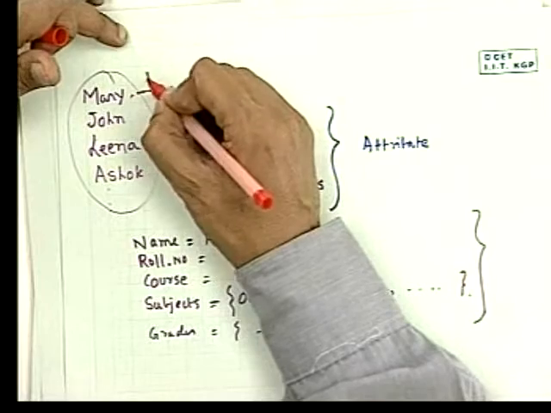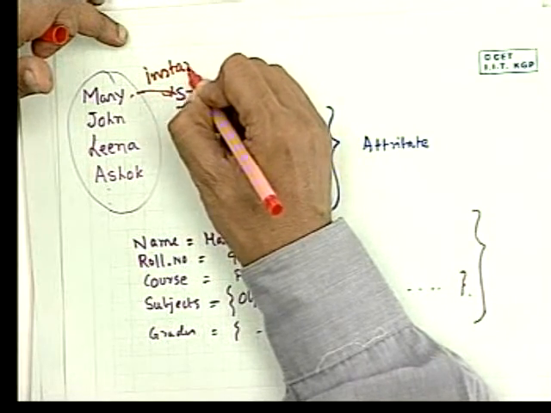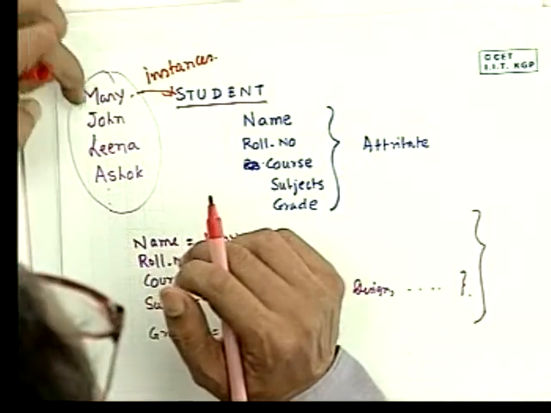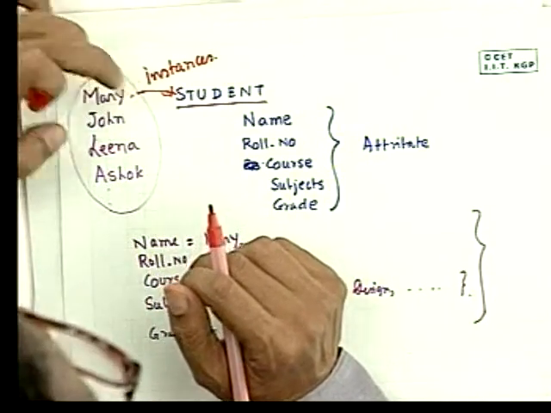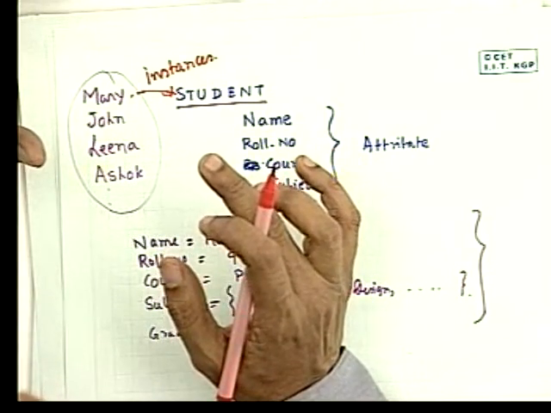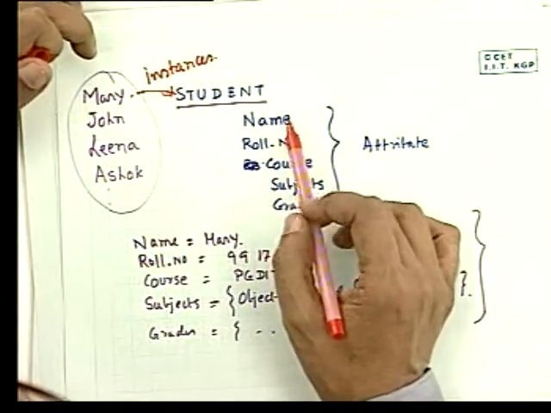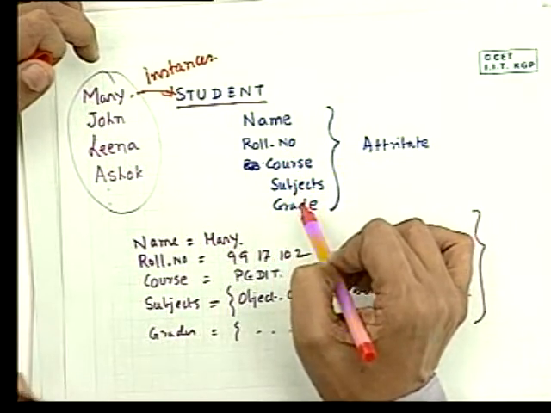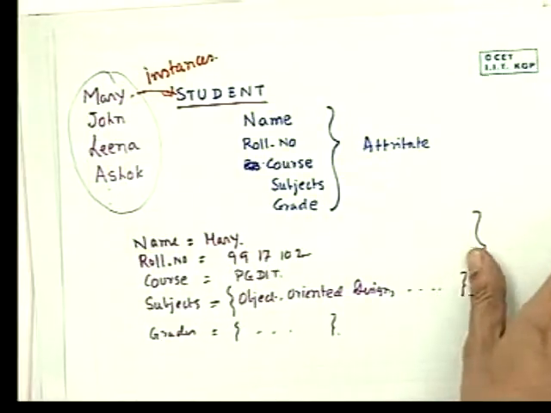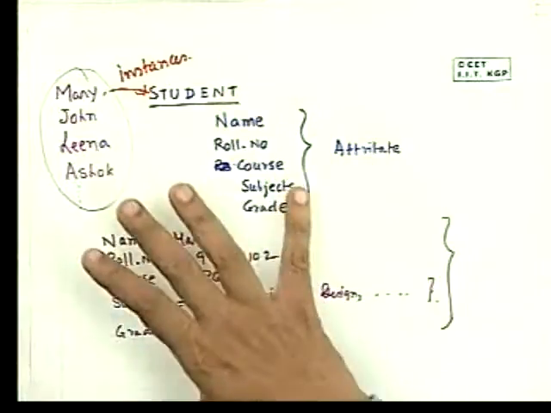What we want to emphasize is that each one of them, being an instance of a class, has the same properties, in the sense that they have the name, roll number, course, and subject. Each one of them will have these attributes. While defining the object's class, these will be clubbed in a structure called a class.